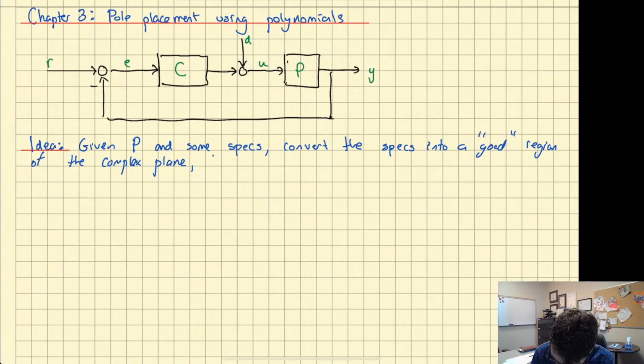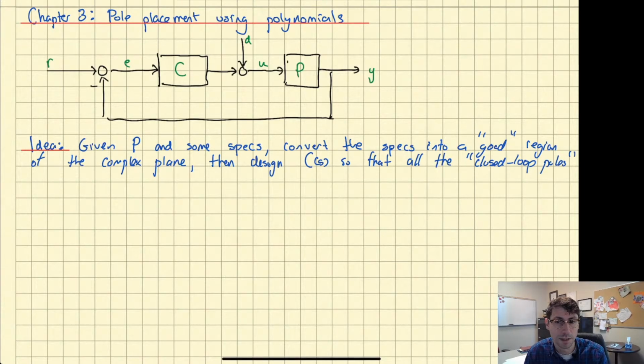And then design C of s so that all the, let's call it, closed loop poles are in the good region. What do I mean by closed loop poles? I mean the roots of the characteristic polynomial.